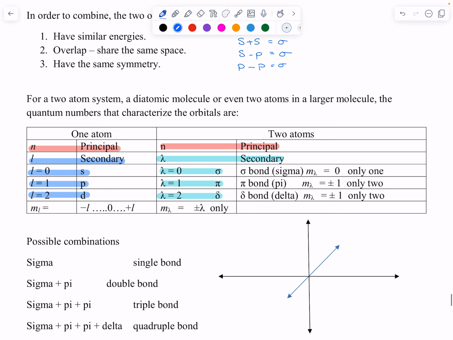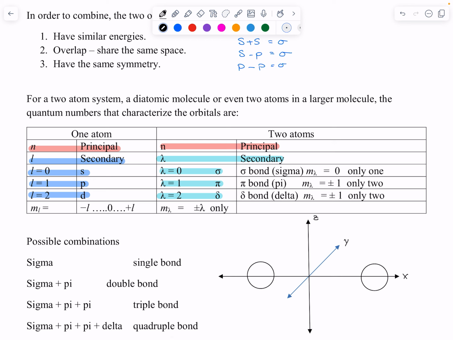Now, I'm going to come down to this grid. X, Y, Z. All right? And so if I have two atoms, the axis going through the two atoms is the internuclear axis.